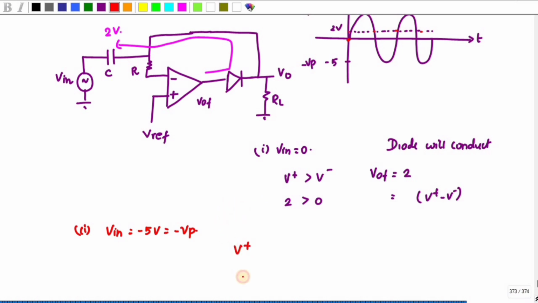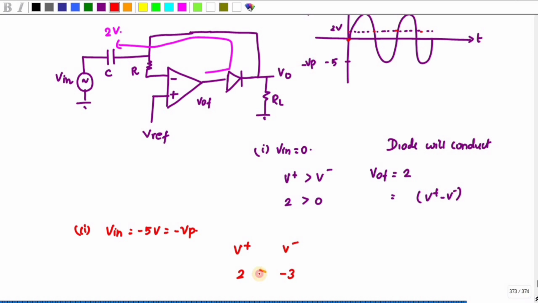V plus is 2. And what is the value of V minus? V minus is minus 5 plus 2, which is minus 3. So this is my V minus value.